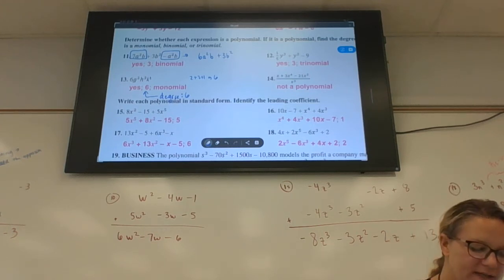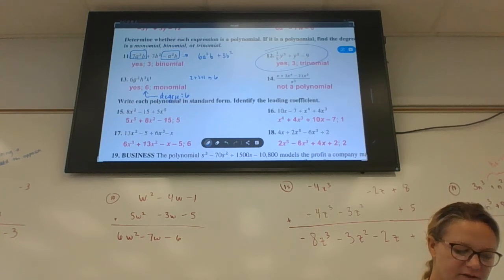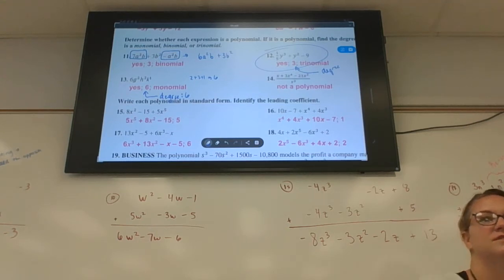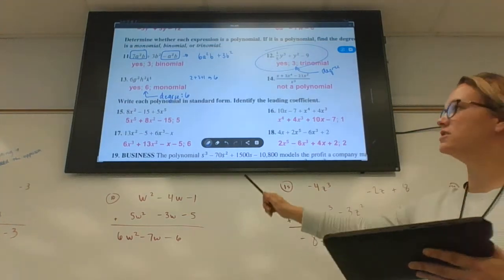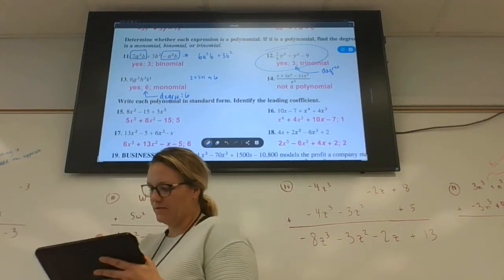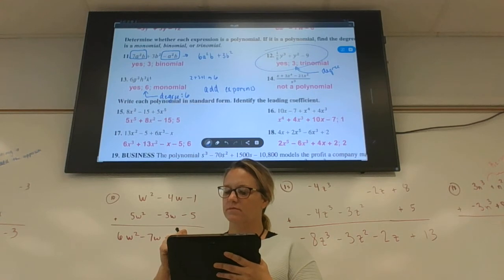That being said, why isn't this one 5 then? Why aren't we adding the 3 and the 2 and getting 5? Because they're not together. Okay? Ruben gets it. I don't know if anybody else does. Do you guys understand why here we add the exponents and at number 12 you don't? Because there's a separation with the plus.